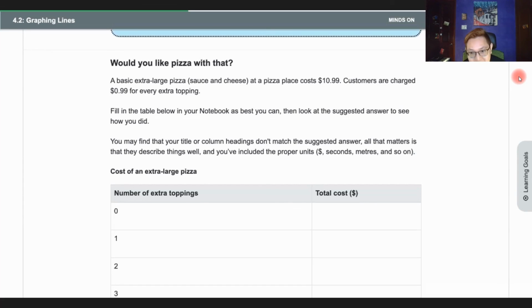Do you like pizza with that? Basically, extra large pizza, sauce and cheese. No, I like only medium pizza. Well, because extra large pizza is basically just dough, and you don't have much on there anyway. And then you would feel so bloated because you eat too much bread, dough.